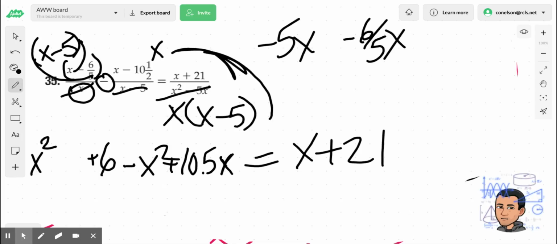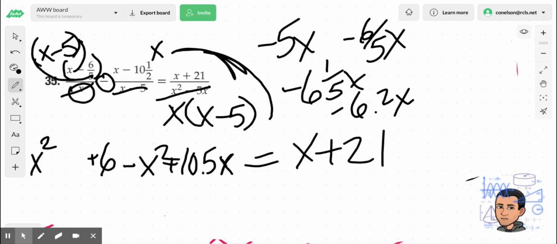So that would be 1/5. So negative 6 and 1/5 x. Why do they do this? That's just disgusting. So negative 6.2. Let's just do negative 6.2x. Okay, I hope you got how I did that.